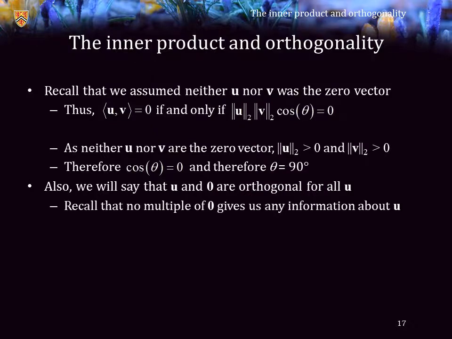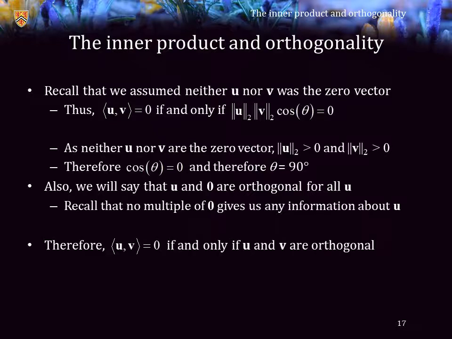Why is that? Because the zero vector gives us no information about any other vector that is two-dimensional. Therefore, we will say that the inner product of u and v is equal to 0 if and only if u and v are orthogonal.